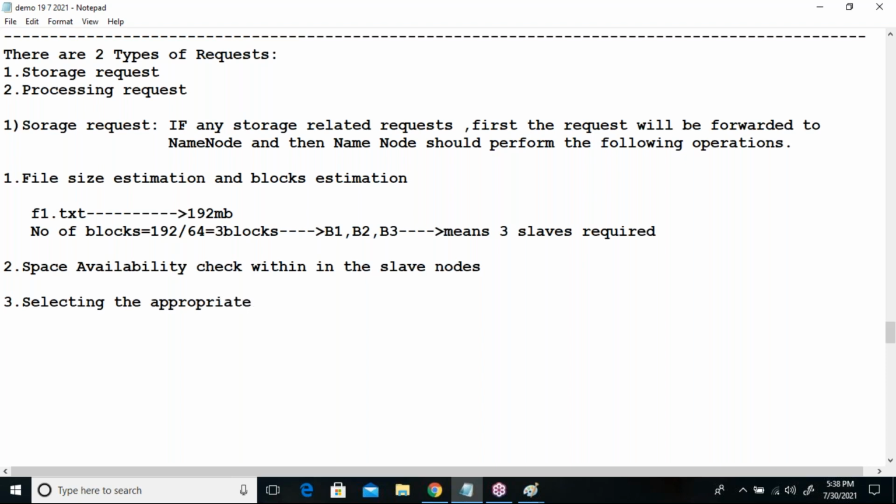Selecting the appropriate slaves for storing the HDFS block.